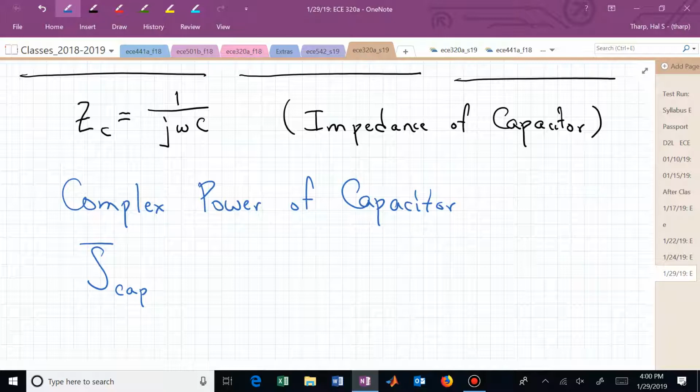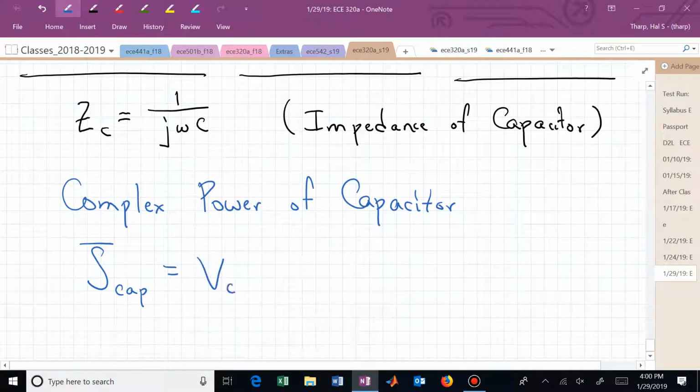So I say, okay, this is now the voltage of my capacitor as a phasor times the current through that capacitor, its complex conjugate. And now, what do I have available to me? In this case, I'm applying things in parallel, so I probably am interested in the voltage. So I may want the voltage expression for the complex power of this impedance of a capacitor.